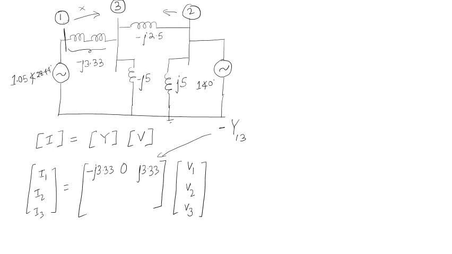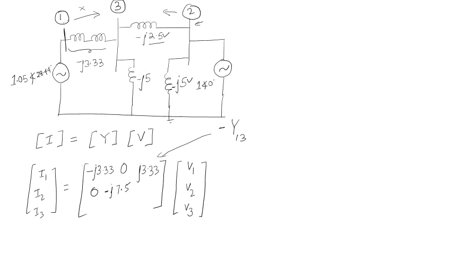Next is Y21, which is again 0. For Y22, on this bus there are two self admittances connected, this and this. So you can add these two and you will get minus j7.5.